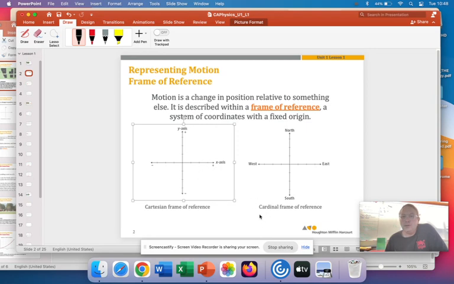Or you might use a cardinal frame of reference, which describes a center point, and motion upwards on this plane would be to the north, downwards to the south, and east to the right, and west to the left.